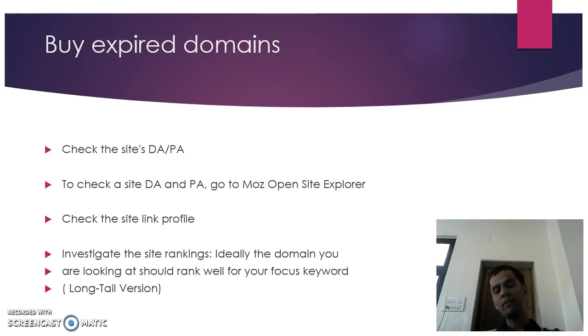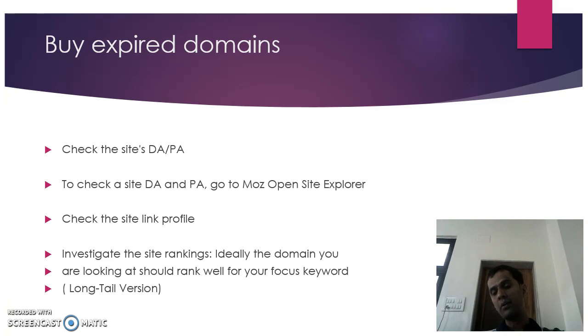The next process is you have to check the site link profile. Then you have to investigate the site rankings. Ideally, the domain you're looking at should rank well for your focus keyword.